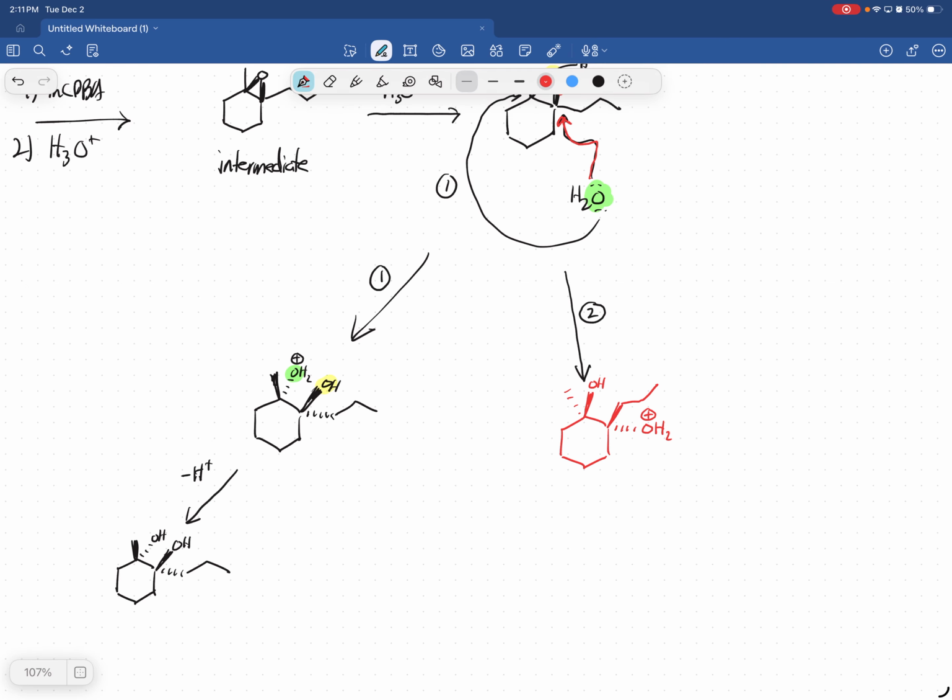Okay. So do you notice something about these two structures? How are the final products related to each other? What kind of stereoisomers are they? Yes, they're enantiomers. Okay, so it depends on what side you attack. You get a mixture of enantiomers here.